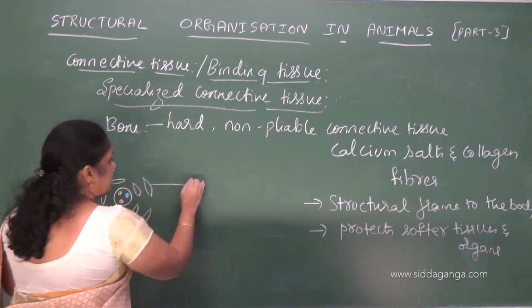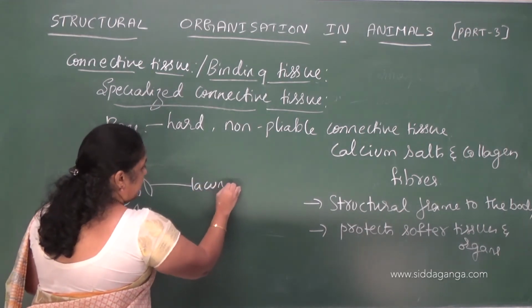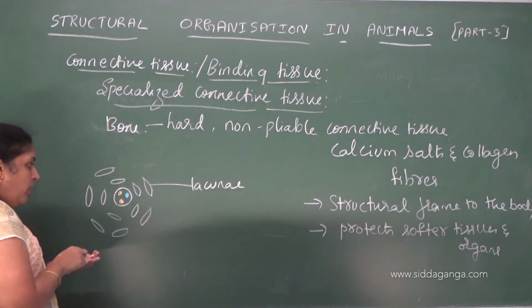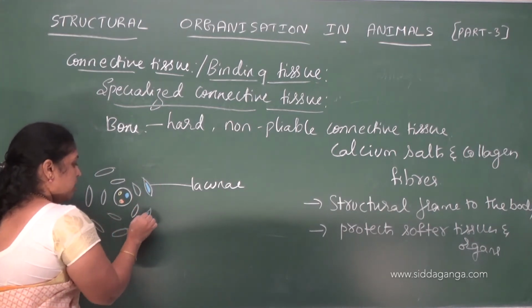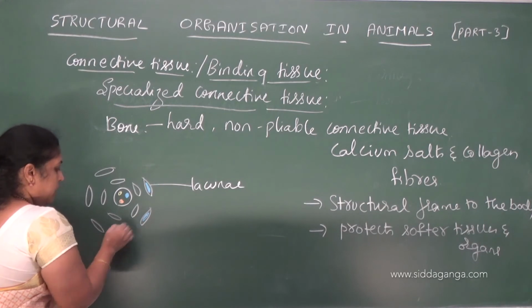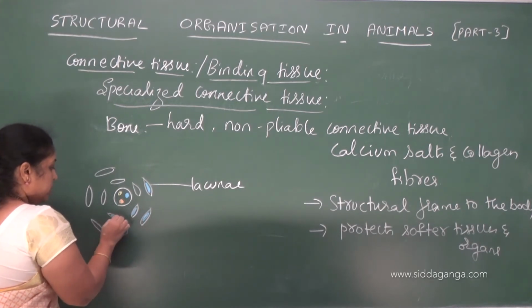So these are lacunae. Inside the lacunae, we can see bone cells called osteocytes.